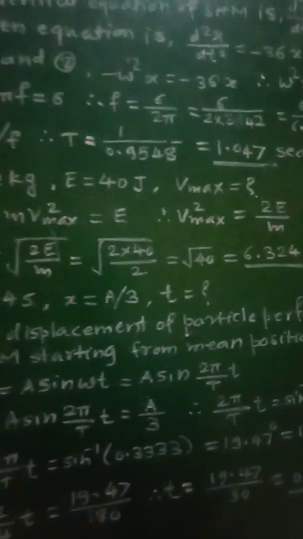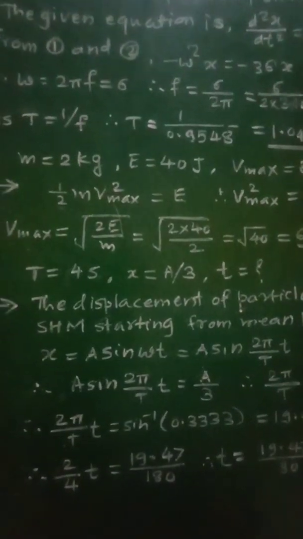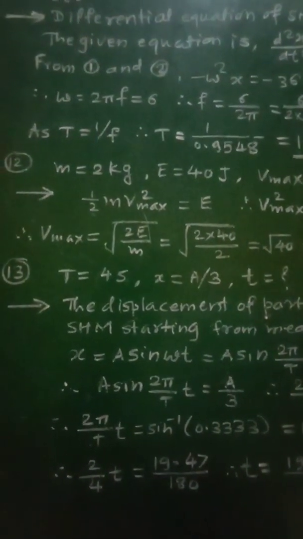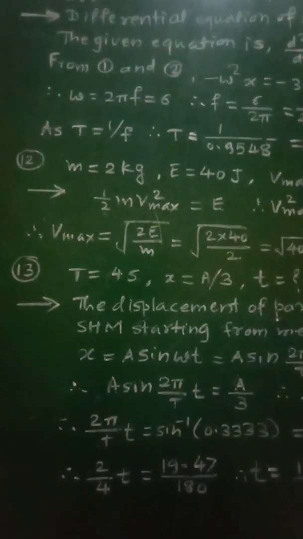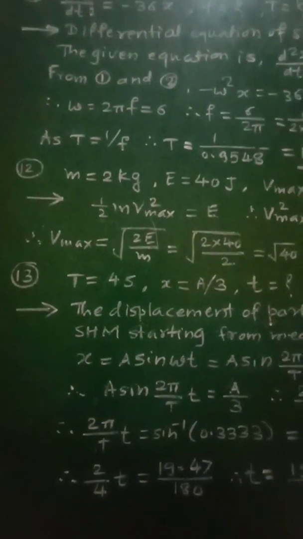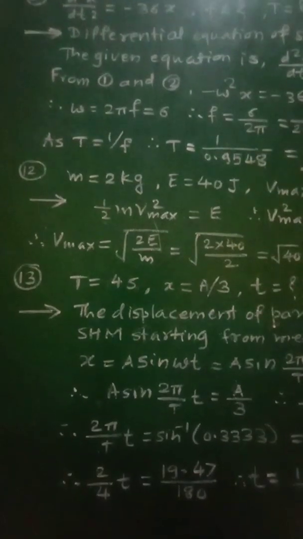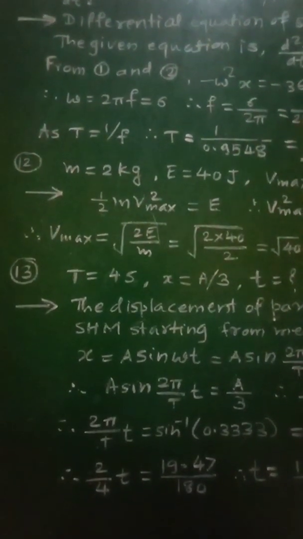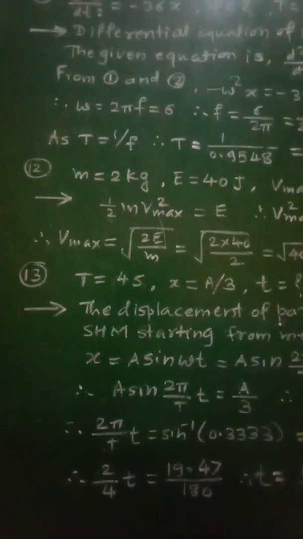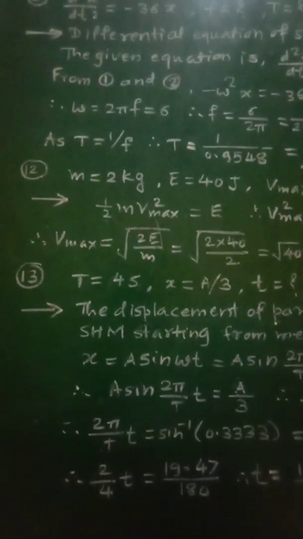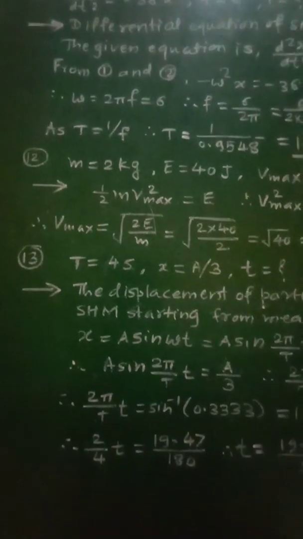Now we will go for the next numerical, that is numerical number 13, which is stated as: a simple pendulum performs SHM of period 4 seconds. How much time after crossing the mean position will the displacement of the bob be 1/3 of its amplitude?